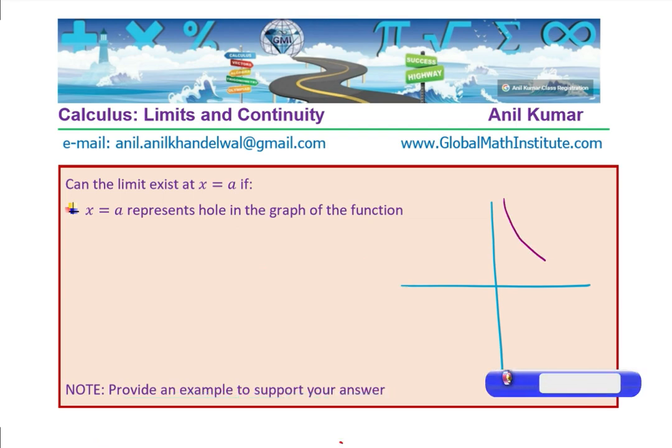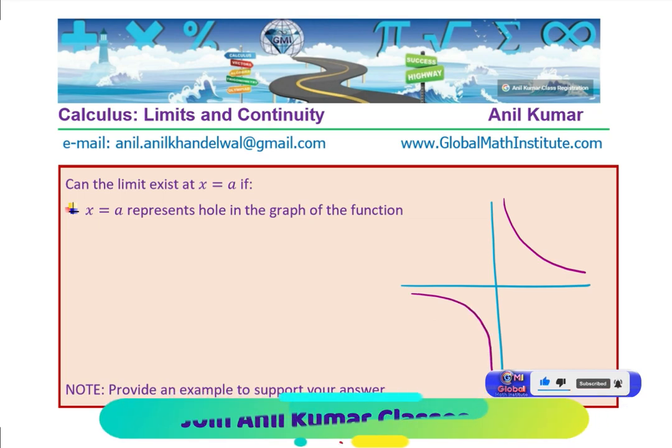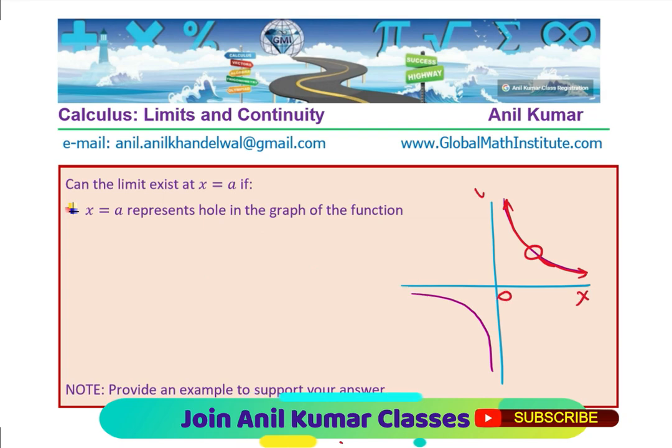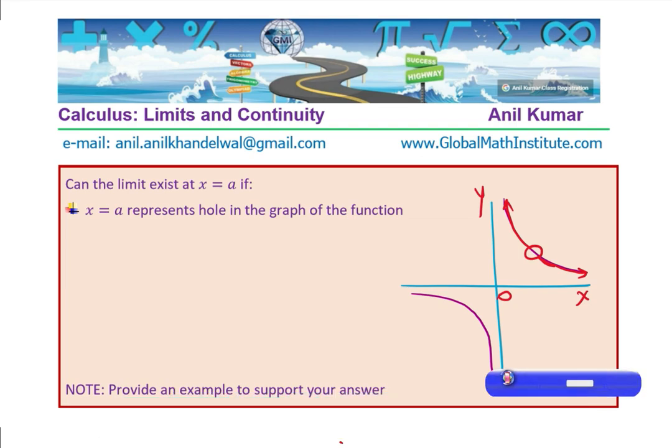Let's say a graph like this, and we could have a hole at x equals, let us say, in this case, also at 1. You could write a function for this and then conclude your results just as I did. Now here is a hint.